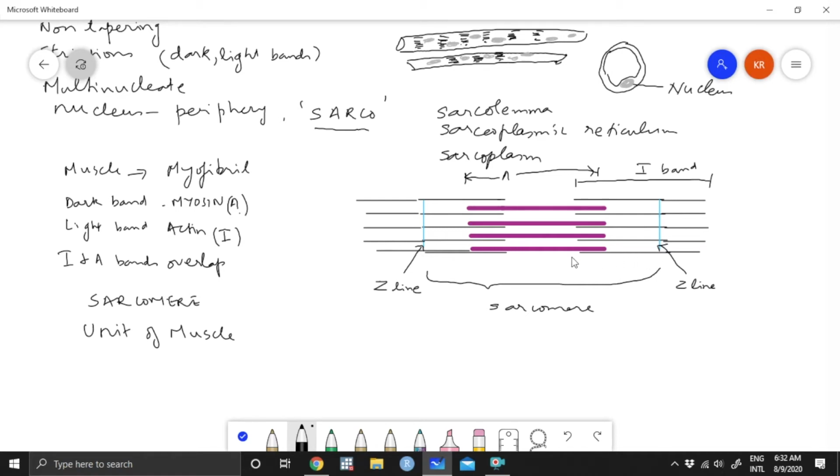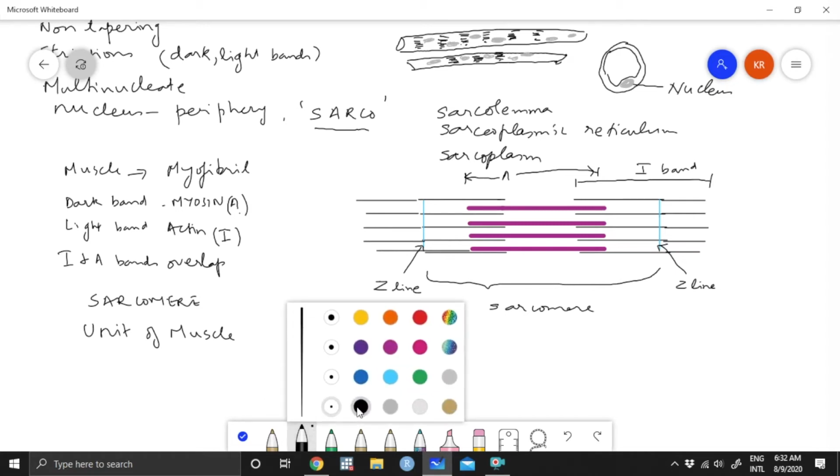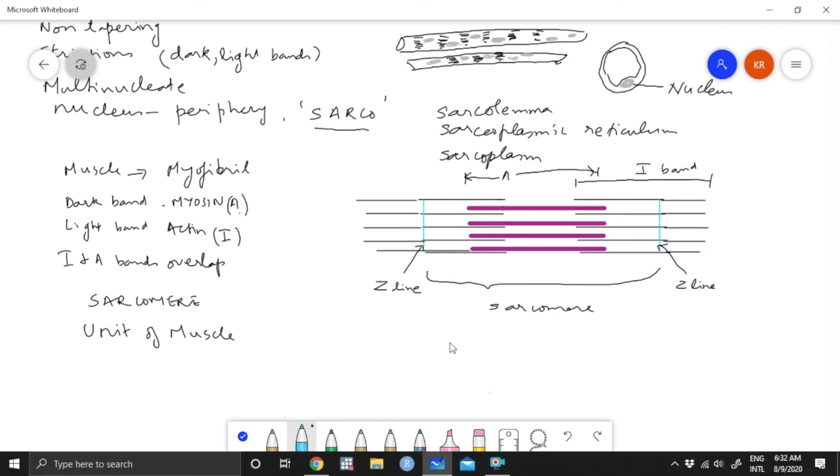Now when we say that the muscle contracts, here I will briefly show you. I will not draw the entire diagram, but briefly this will look like so the Z line, one Z line will come over here and another Z line has come over here.